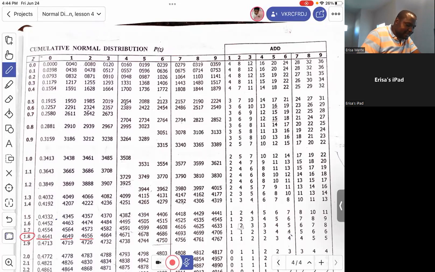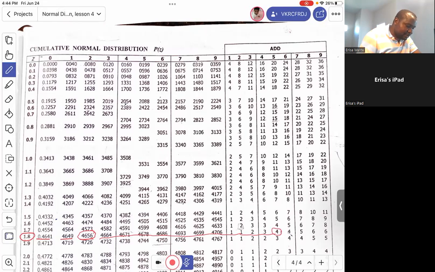1.82 is 0.4656, okay? But we need the third place of decimal, because this is the first place of decimal and this is the second place of decimal. The third place of decimal will come from the column of addition. So we move straight across and go to, this is 1, 2, 3, 4, 5. So we add on a 4.